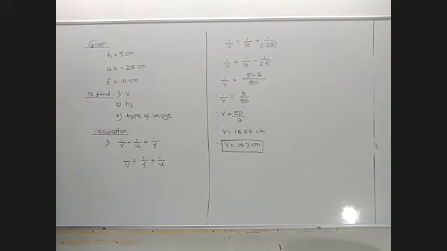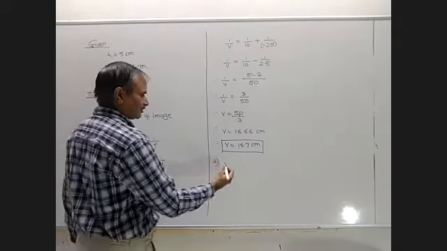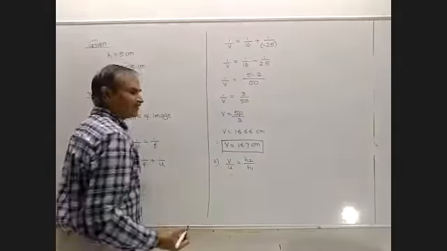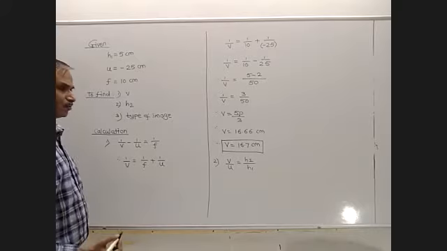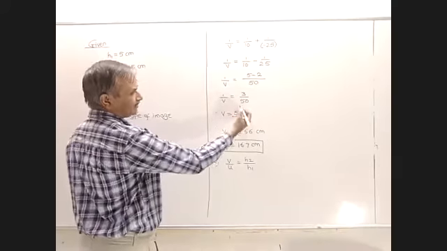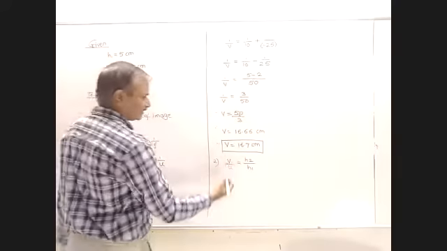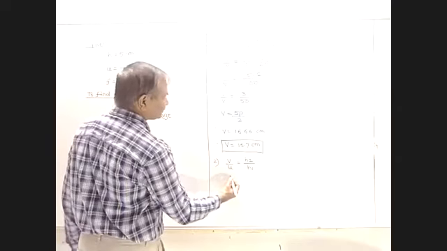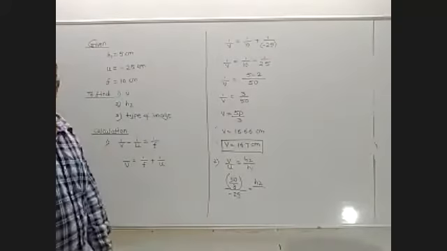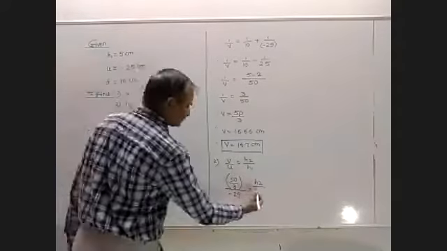Second, you want to find the value of h2. So v upon u is equal to h2 upon h1. Now we substitute the known values. So v is actually, for calculation, 50 upon 3. This is very simple compared to this. So we will take v as 50 upon 3, divided by u, that is minus 25, which is equal to h2 upon h1, where h1 is 5 centimeter.